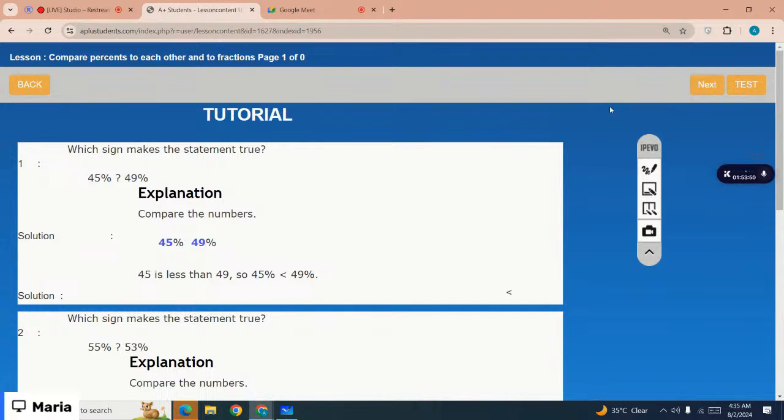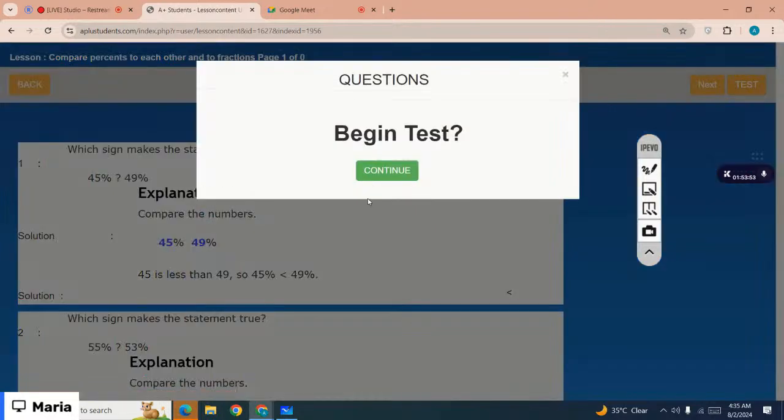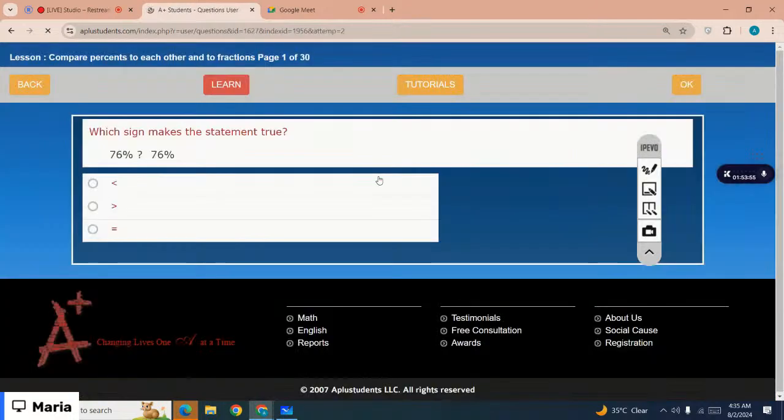Let's just start with the test questions. Which sign makes the statement true, 76% and 76%?